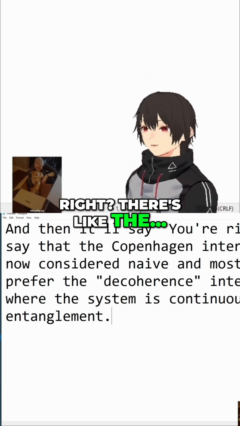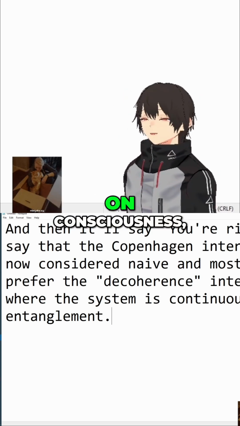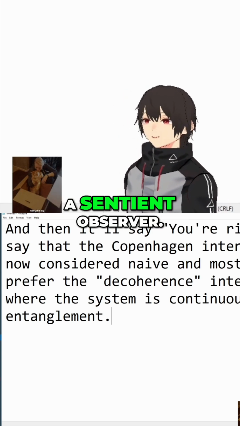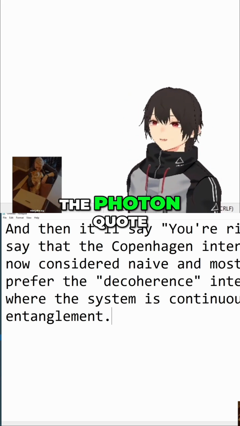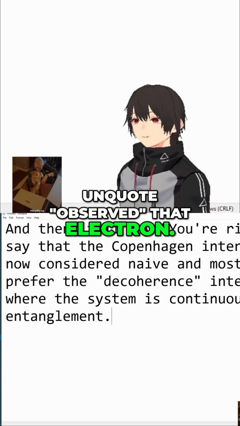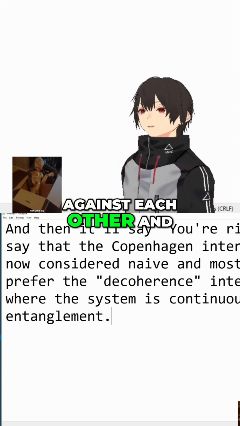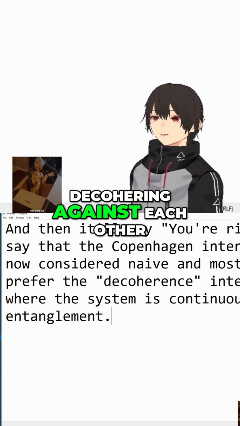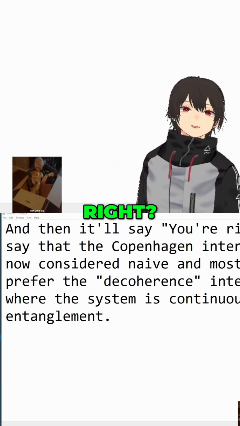The Copenhagen interpretation puts too much emphasis on consciousness, a conscious or sentient observer. But you can think of it like if a photon bounces off an electron, the photon, quote unquote, observed that electron, and all the particles are continuously bouncing against each other and decohering against each other in that way. But my point still stands though, I feel like, right?